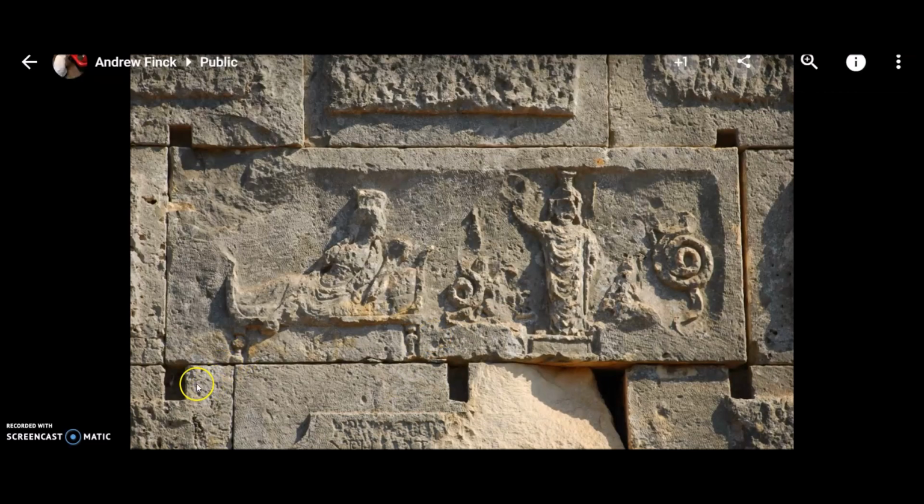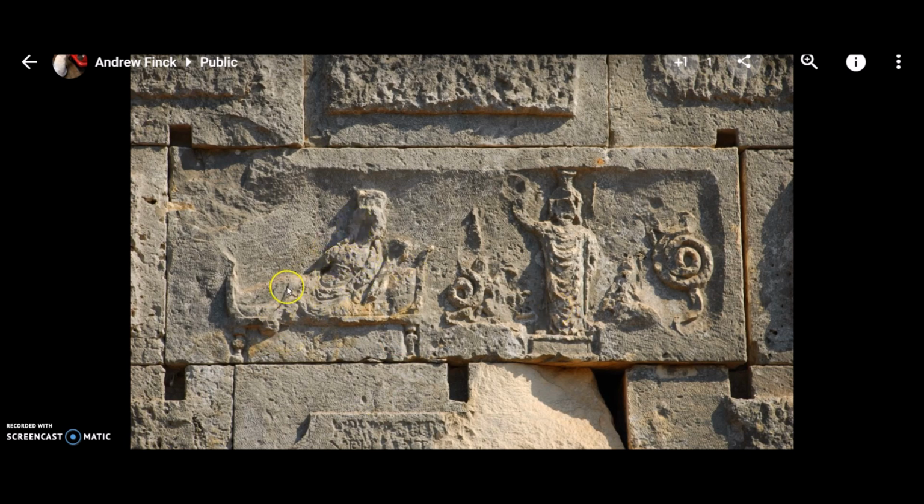And I find that the square holes framing this block are interesting, and the fact that this one is in the middle underneath. So I don't want to rule out the possibility that some of this artwork may be original to the structure. Some of it very well could have been carved into the structure later. We cannot rule that possibility out either. But it does look old, doesn't it?